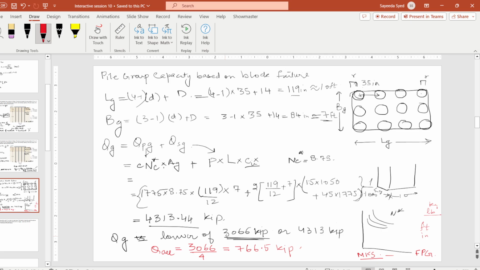Consider a 3 into 4 group of pre-stressed concrete piles, each 21-meter long in a sand layer. Details of each pile and the sand are similar to that described in question 1. So let us take these properties from here.